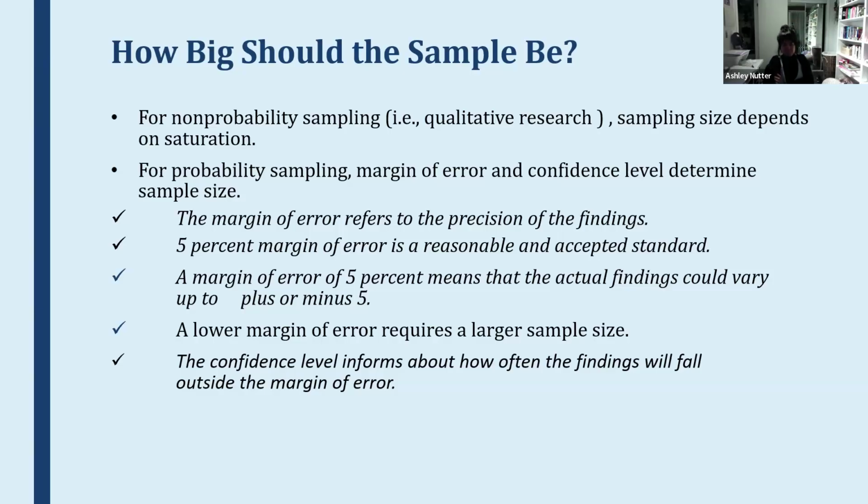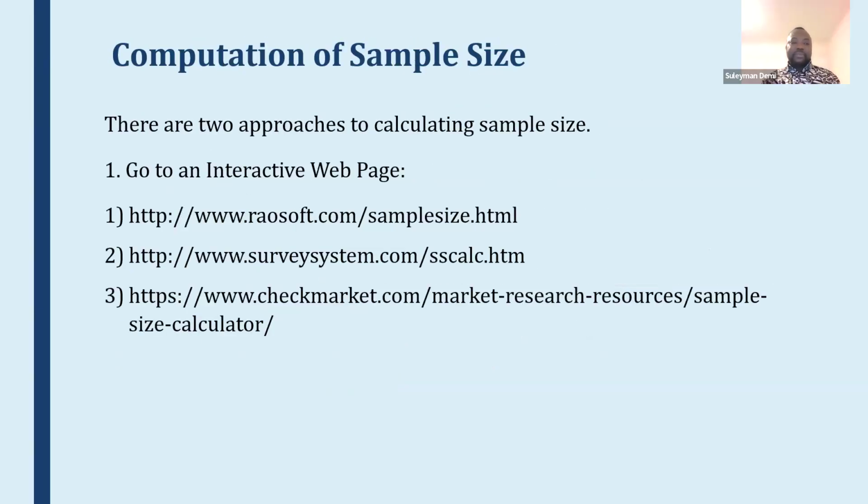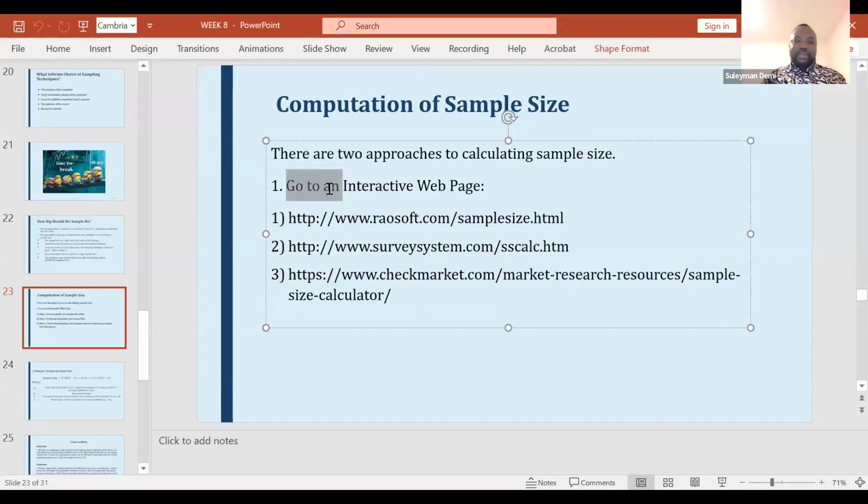Any other questions? So the lower the margin of error, the higher the sample size, right? And then it also reduces the bias in the sampling. So let me use this quickly, I hope it works.